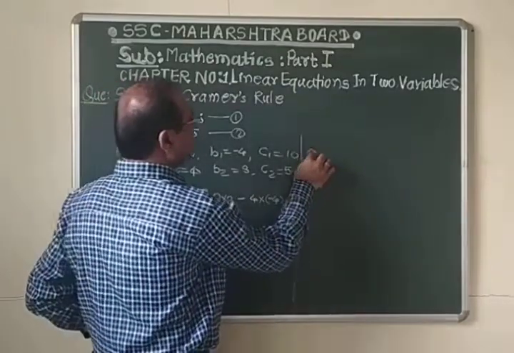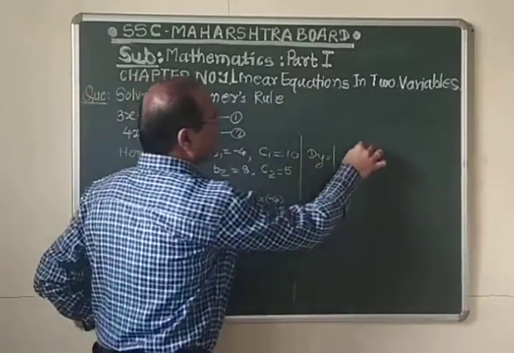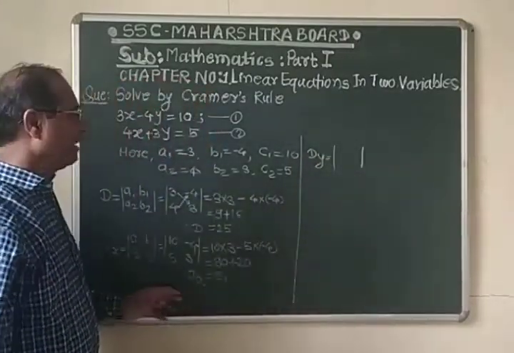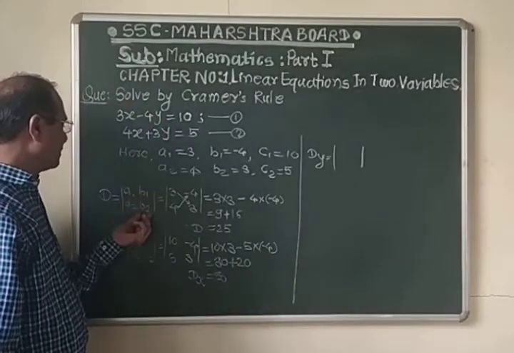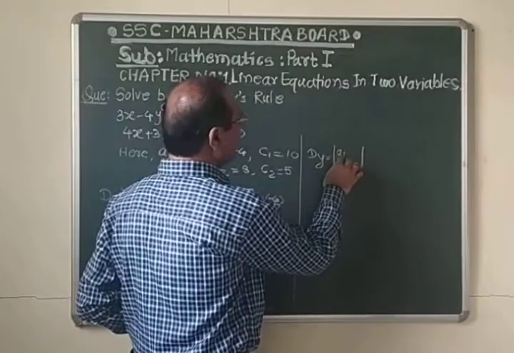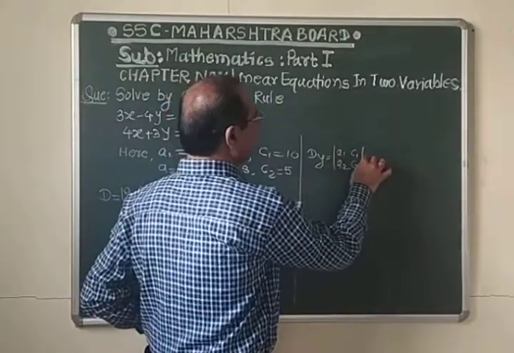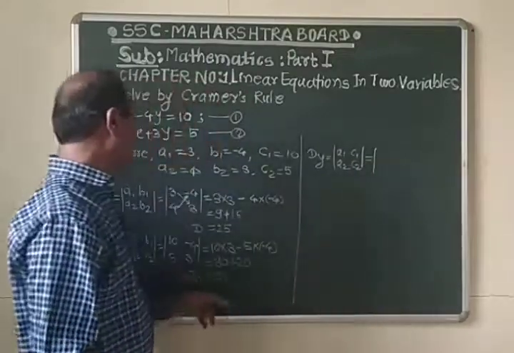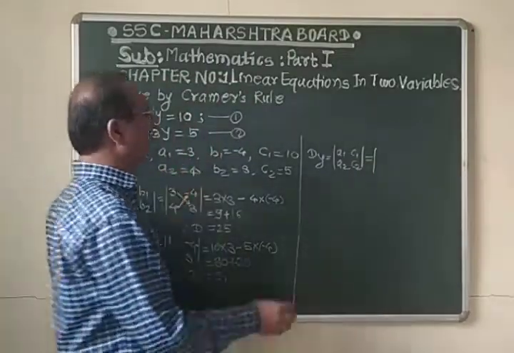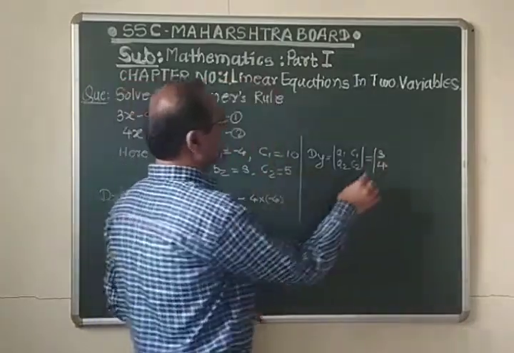Now how do you calculate the determinant Dy? You have to replace the coefficients of y by the constants, keeping a1, a2 as they are. So here you have a1, a2, that is 3, 4, and I am going to write c1, c2, that is 10, 5.